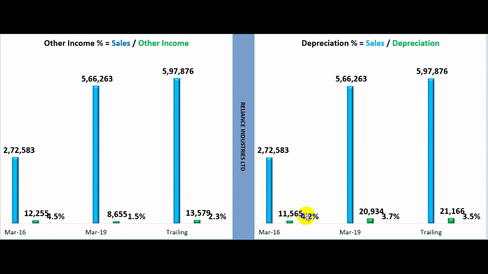This is the value by which the asset was depreciated in March 16. And in the recent 12 months, 21,000 crores of depreciation was charged to the P&L account. The total sales at that time was 5,97,000 crores in the recent 12 months. So we can see again a quite stable depreciation being charged to the P&L account against the sales of those years.